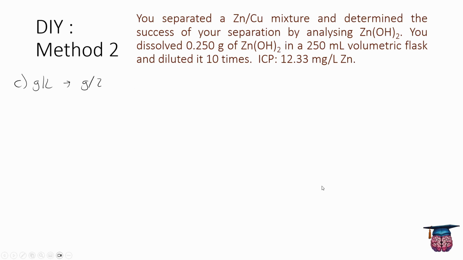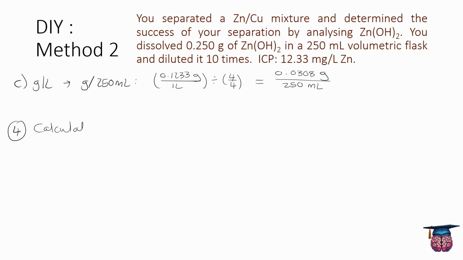Finally, we can take our grams per liter to a grams per 250 milliliter value. Now we know to go from 1 liter to 250 milliliter, we simply divide by 4. And what we do above, we have to do below. So we end up with 0.0308 grams per 250 milliliter.